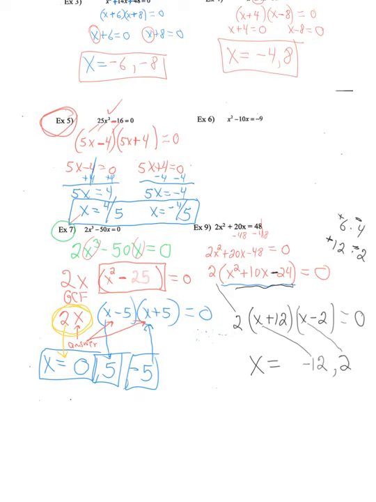I don't have an x next to that 2. Don't say we're going to add 0 into the mix as one of our answers, only where the x's are. And since there is no x there, there is no number coming from that first 2. Therefore, these are our 2 answers.